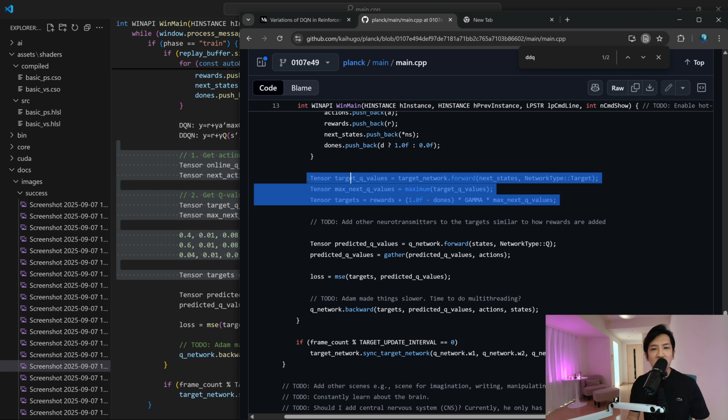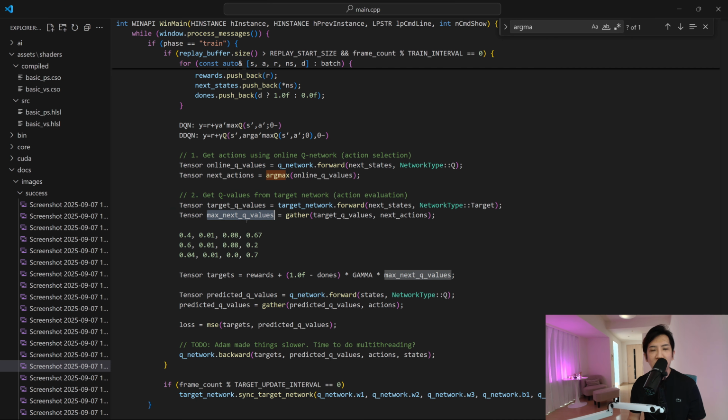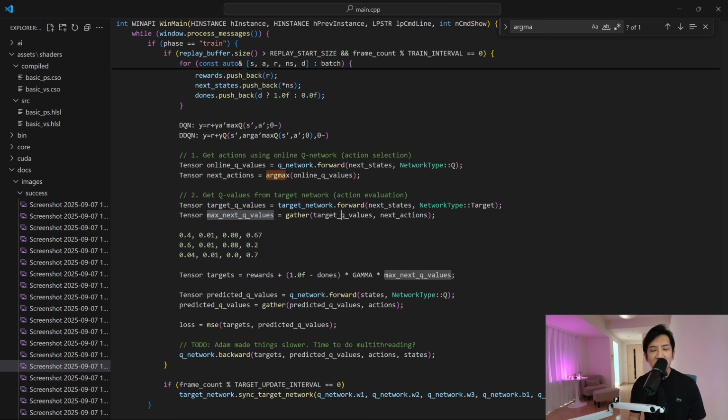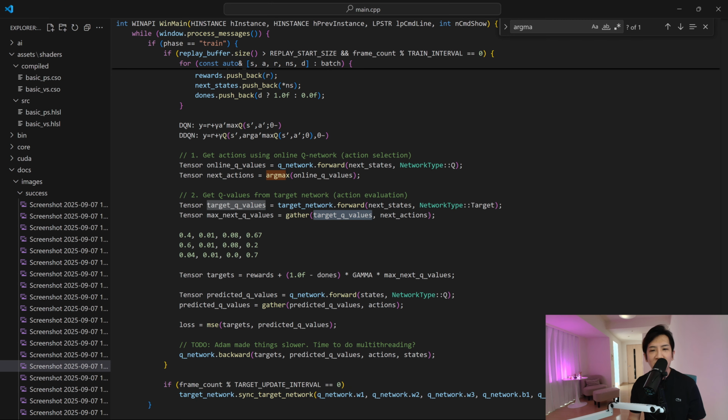But if we look at DQN code, it's got only 3 lines, much simpler, and it also computes maximum Q values like this, but it still uses target Q values, but it doesn't use actions selected by Q network. So with DQN, they don't use Q network to choose best actions for next step.